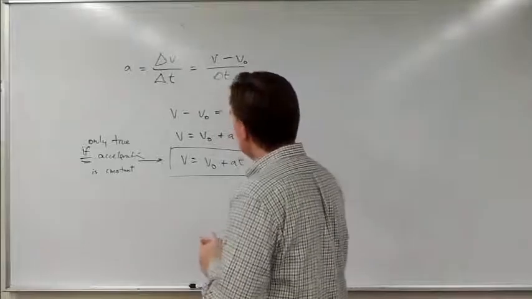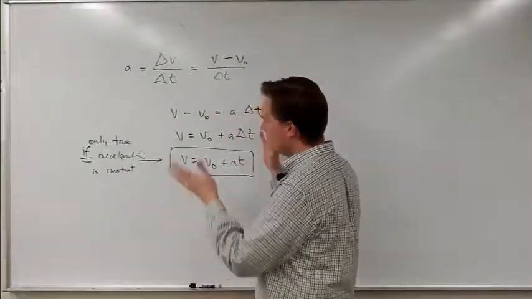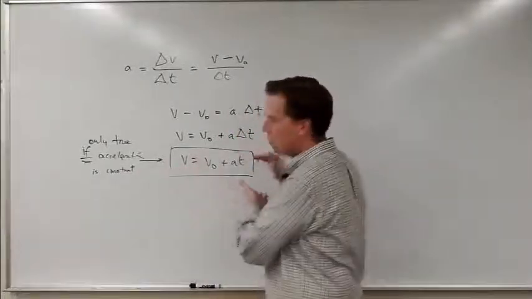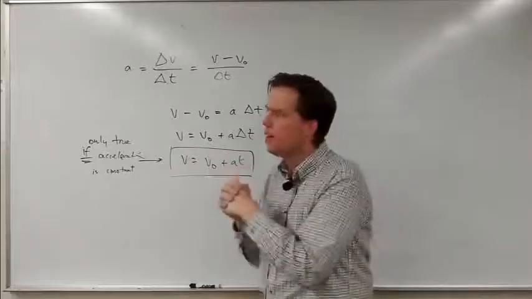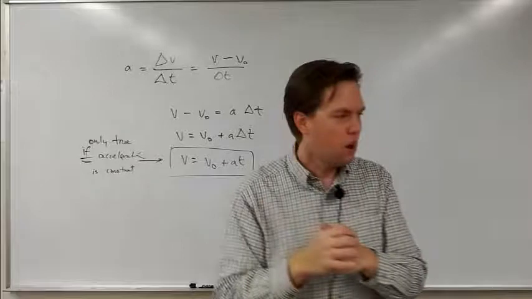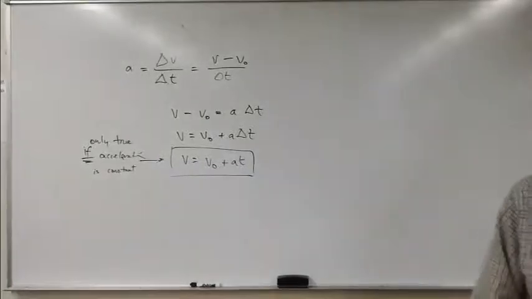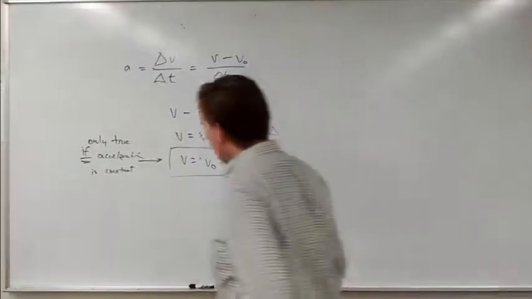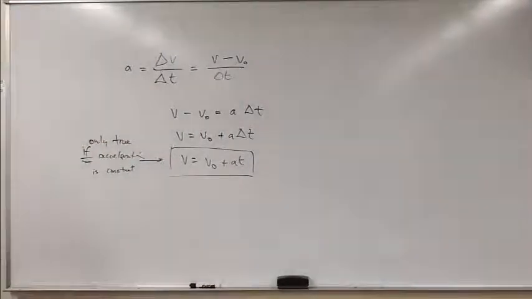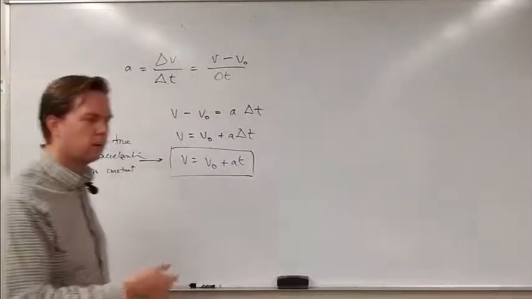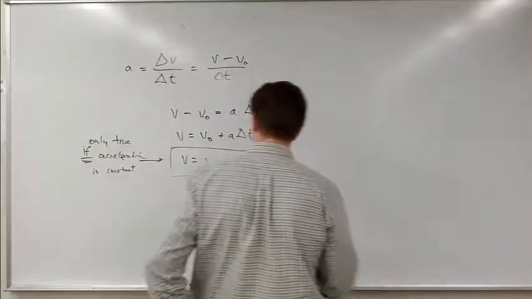Okay? So, given that, I won't say that again, but this is going to be our baseline formula for the rest of the lecture, essentially. This is telling you how acceleration affects speed. Then the next question is, well, how does acceleration affect position?